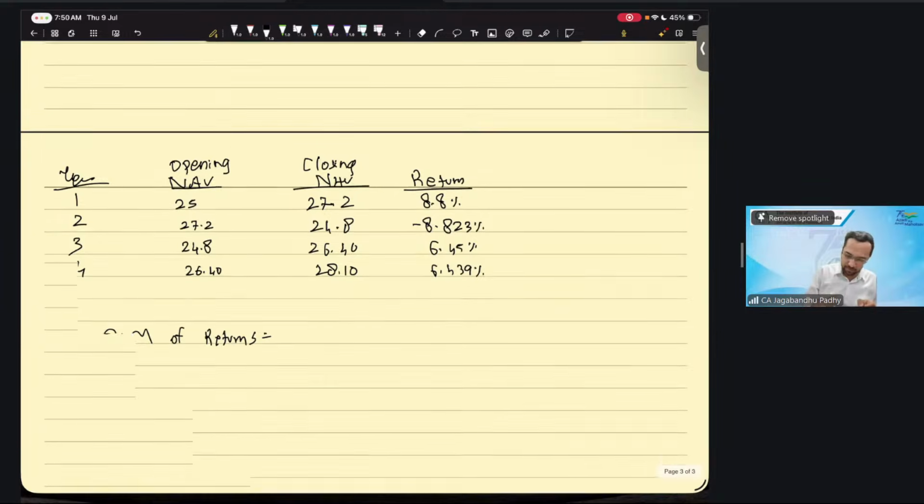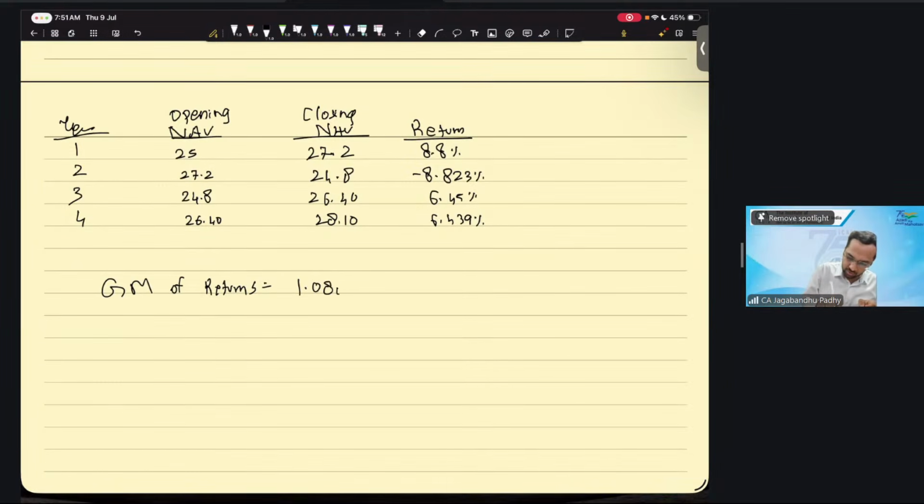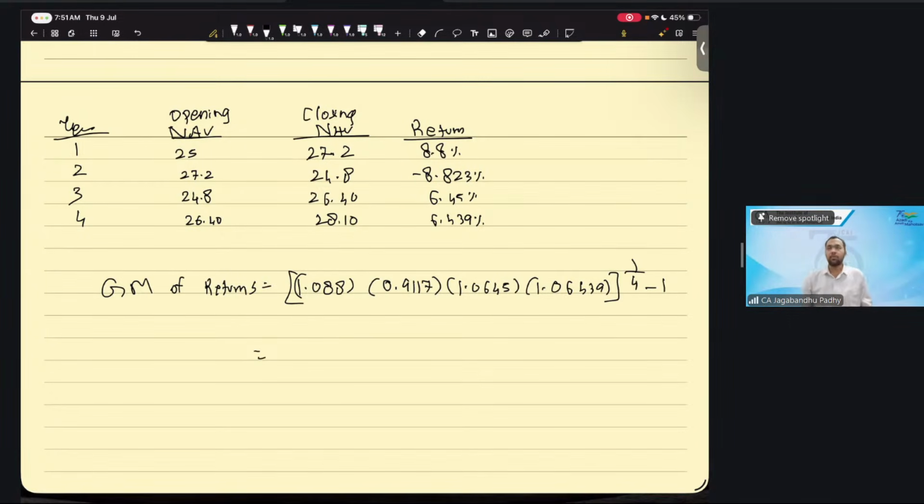Geometric mean return will be 1.088 into 1 minus 8.823%, that's 0.9117, 1.0645, 1.06439, and then this entire thing raised to 1 by 4 and then minus 1. So calculate this number, product, take the fourth root and then subtract 1.